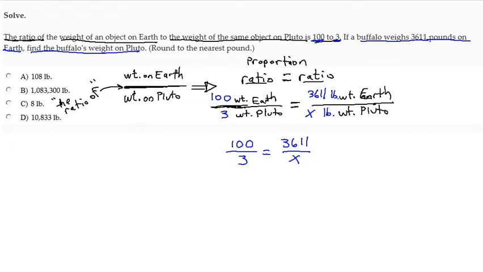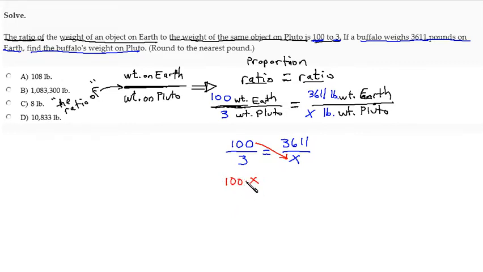Now, to solve a proportion, one way is to set cross products equal to each other. A cross product is one numerator times its opposing denominator. You cross over the equal sign and draw a diagonal, and we get 100 times x.